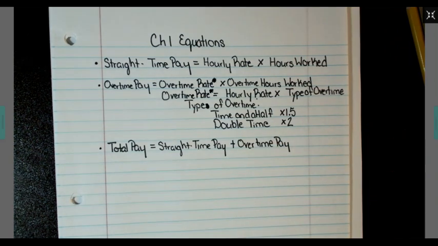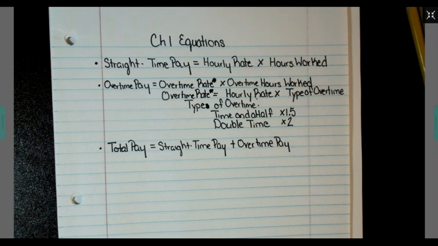So think about it this way. Once you've hit your maximum number of hours for the week, they'll pay you extra for any hours that you work over, kind of like an incentive. And that's where we get this overtime rate. The two most common ones are time and a half and double time.